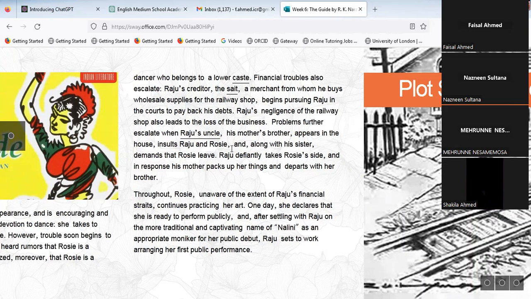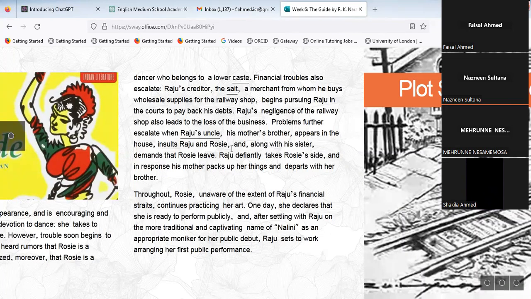Problems further escalate when Raju's uncle, his mother's brother, appears in the house, insults Raju and Rosie, and along with his sister demands that Rosie leave. So during this crisis in Raju's family, everybody disliked Rosie, and they all wanted Rosie to leave their house.